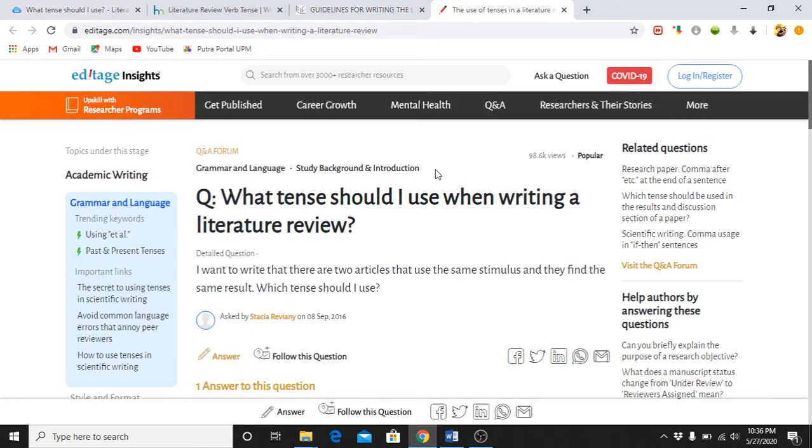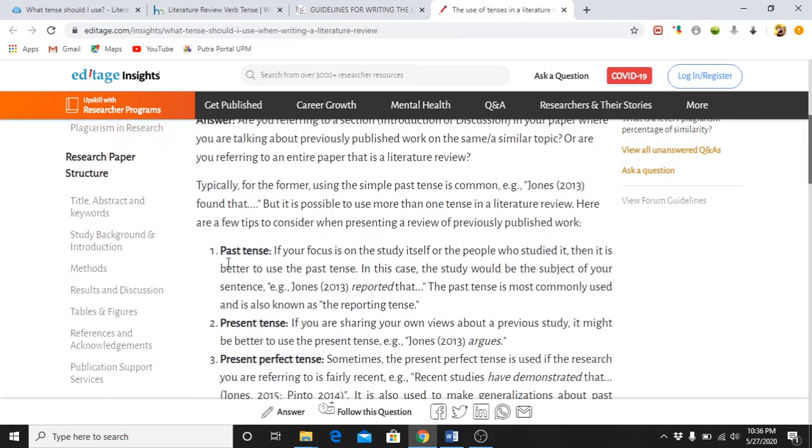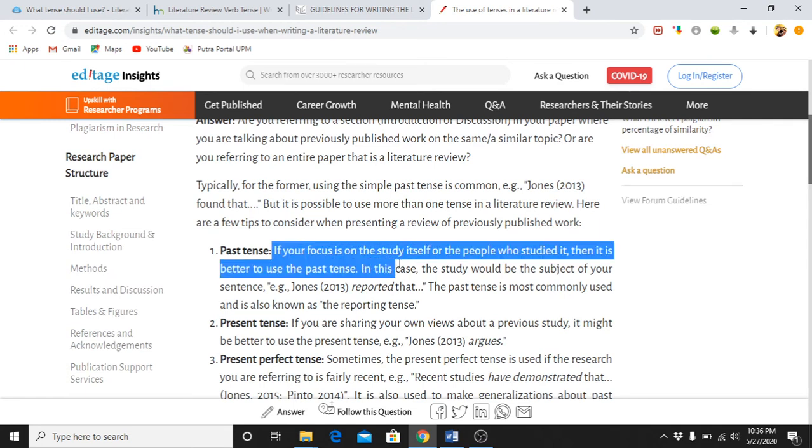And the last website asks, what tense should I use when writing a literature review? They are saying, are you referring to the introduction or discussion section and so on? You can use past tense if your focus is on the study itself and the people who studied it, then it is better to use past tense. So we are reporting something people have done, so it is past tense.